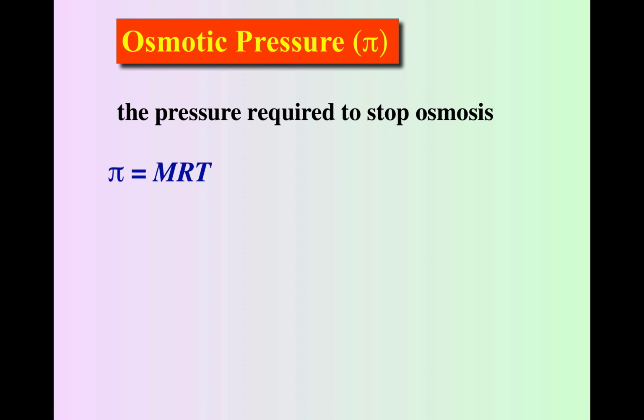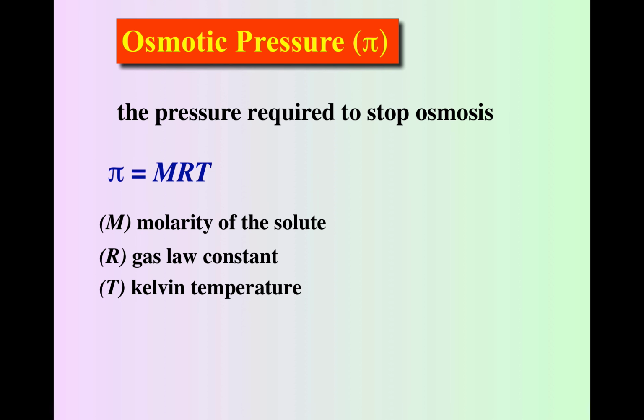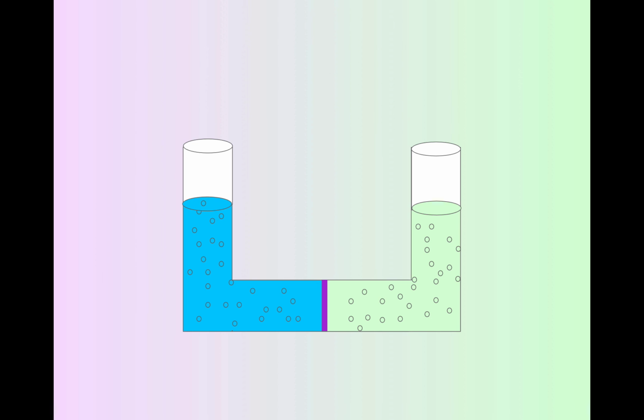It's directly proportional to the molarity of the solution times RT, and R is the gas constant, right? In liter atmosphere per mole K. So I've got to have my temperature in Kelvin, just like with the gas law, if I'm going to use R, and the concentrations in moles per liter.